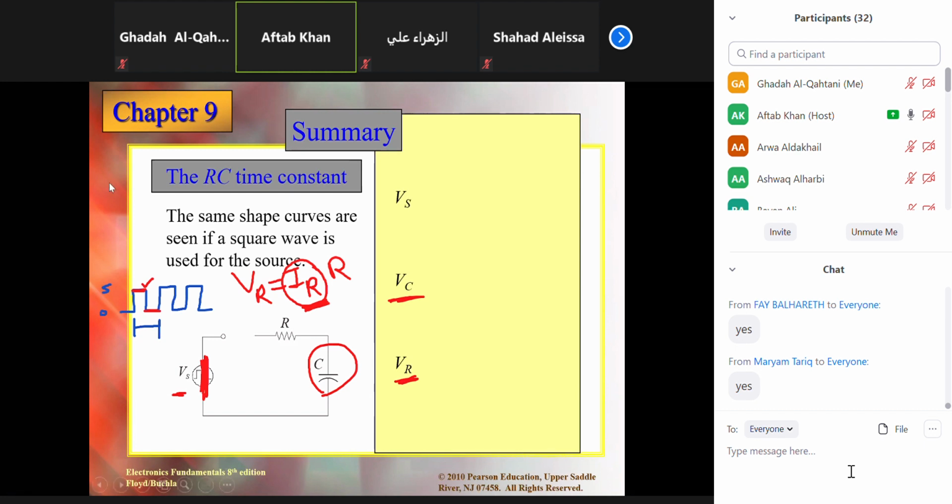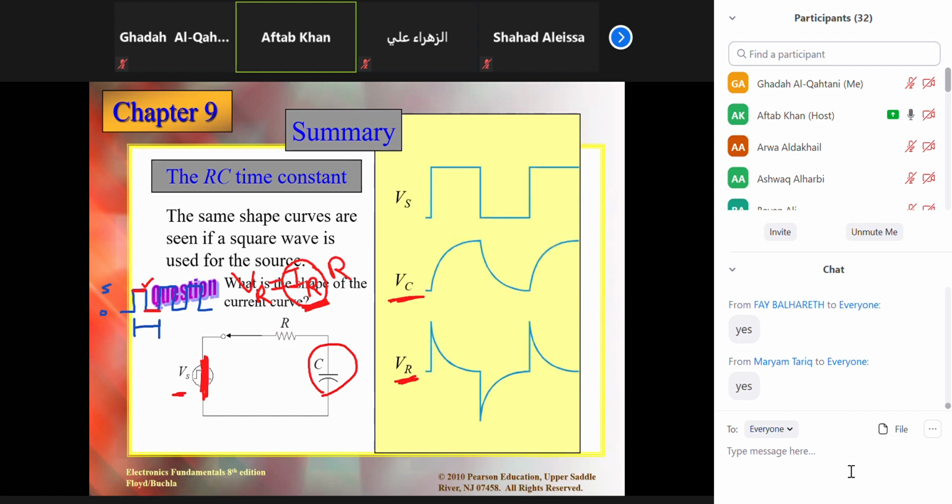See, I close the switch. As I close the switch, what will happen? This is going to be continuous charge and discharge. So if I draw the reference line for you here like this, reference lines.